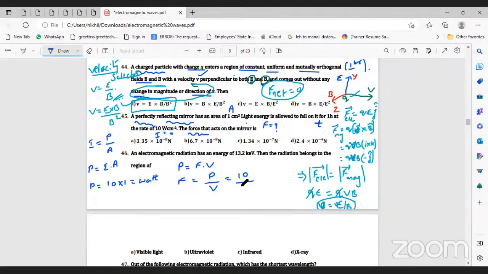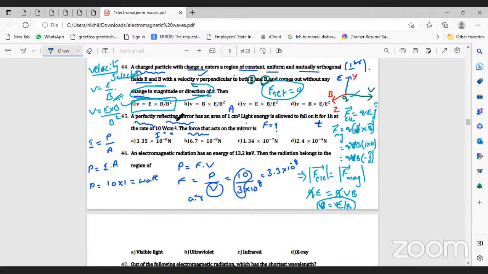Now, speed of light, since it is going to be the air medium, in air or vacuum, you can take 3 into 10 power 8. So it is 10 by 3, which is 3.3 into 10 power minus 8, because 10 power 8 comes from the denominator to the numerator as 10 power minus 8. So this is the force which is going to be exerted on the mirror.